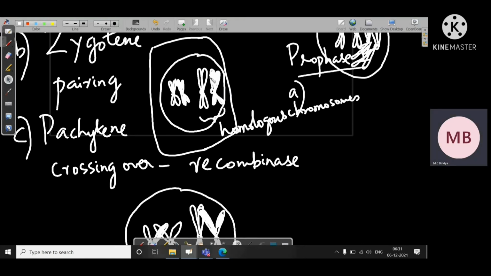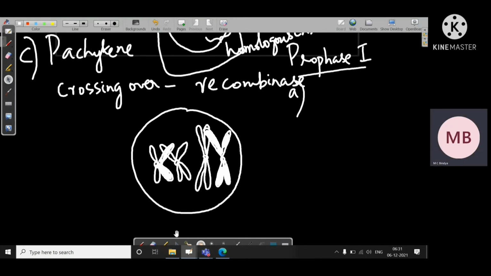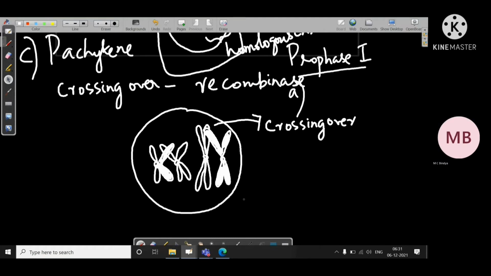But the crossing over takes place between the non-sister chromatids that are homologous. So that is what is taking place here. There is an exchange of the gene segments which is called crossing over. And the crossing over takes place between the non-sister chromatids.